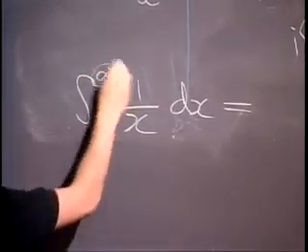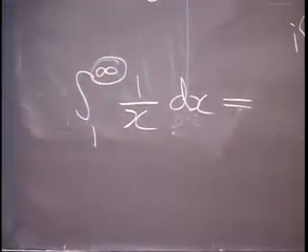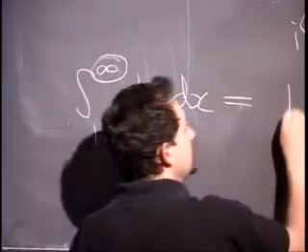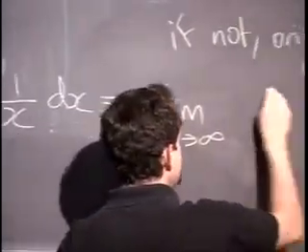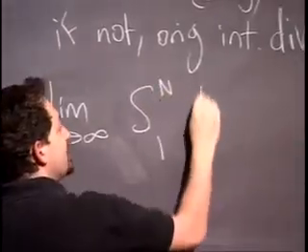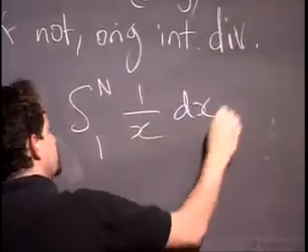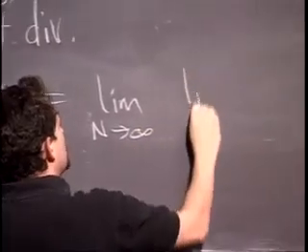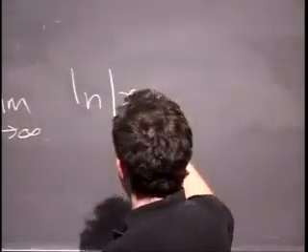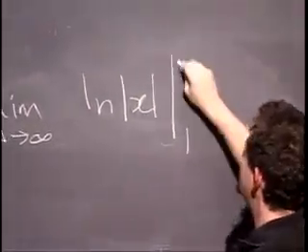The problem is up here at infinity. That's what's causing the problem. So we'll take the limit as n goes to infinity of the integral from 1 to n of 1 over x. And you get log absolute value of x between 1 and n.